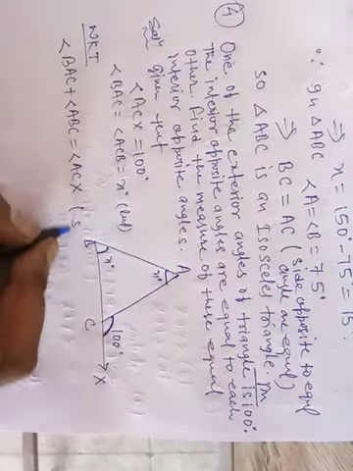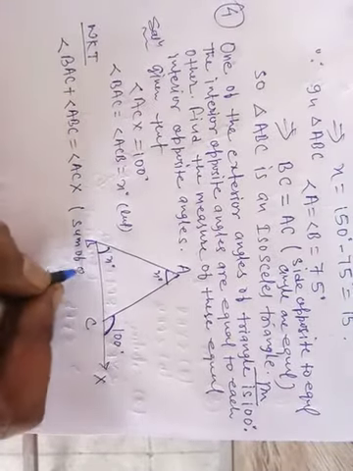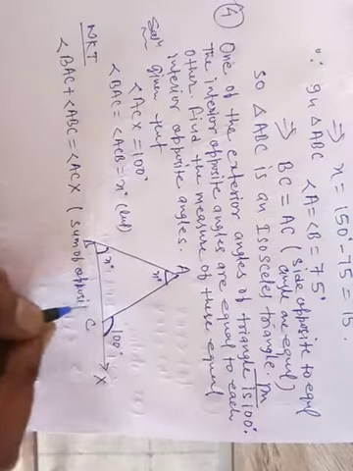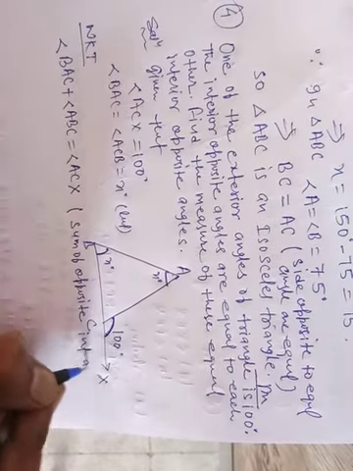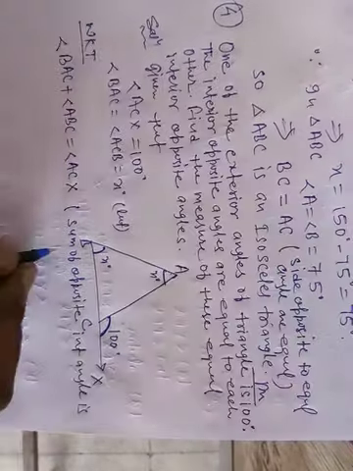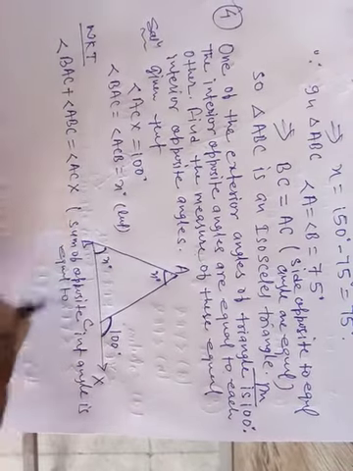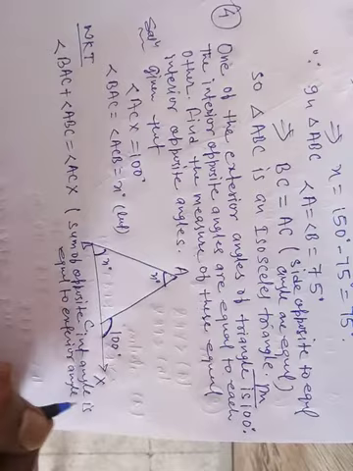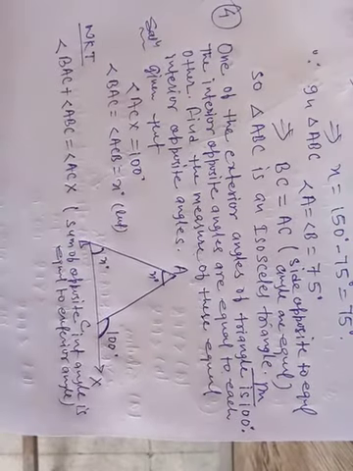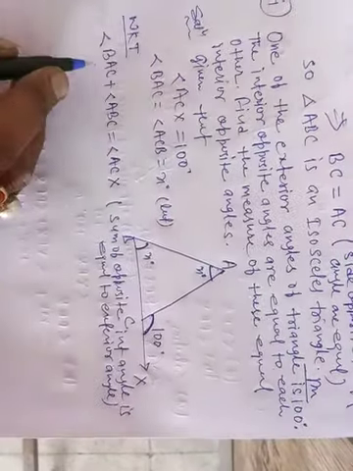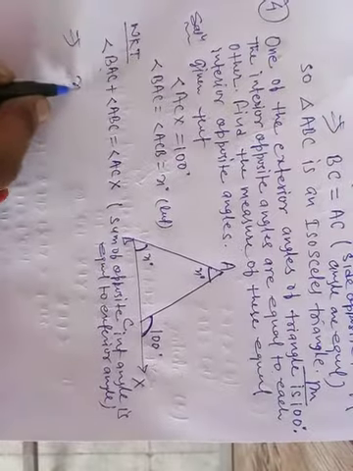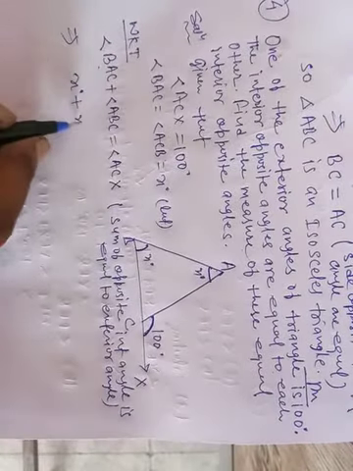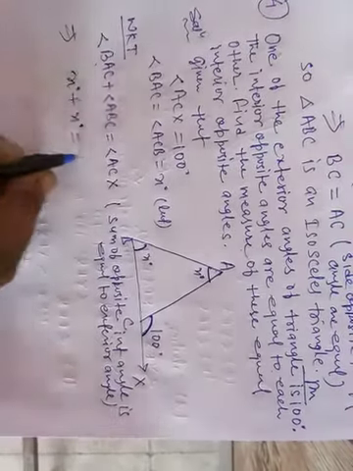By which property? Sum of opposite interior angles is equal to exterior angle. Here angle BAC is equal to x degrees, angle ABC also x degrees, and angle ACX is 100 degrees.